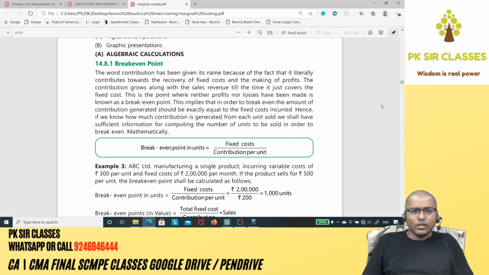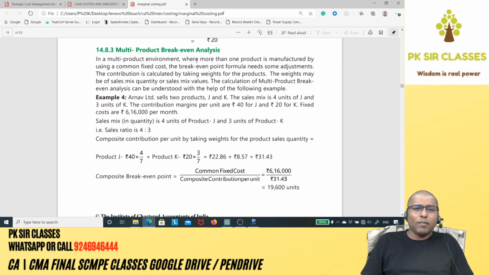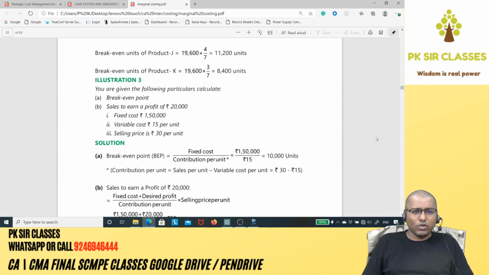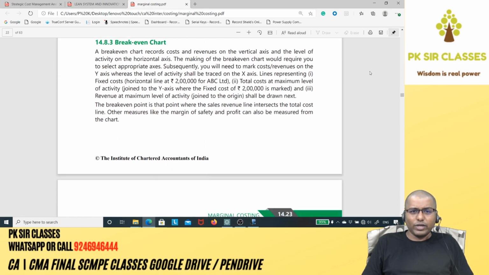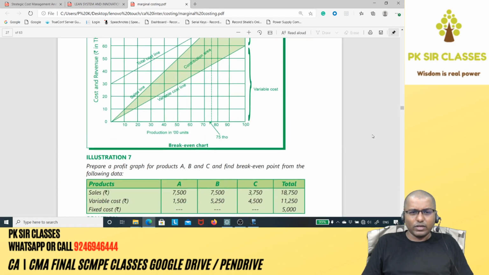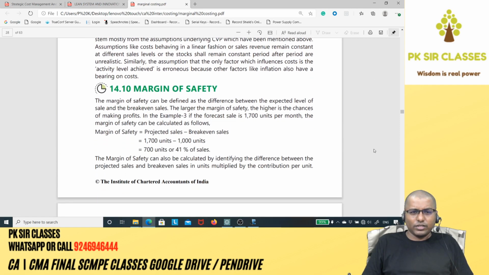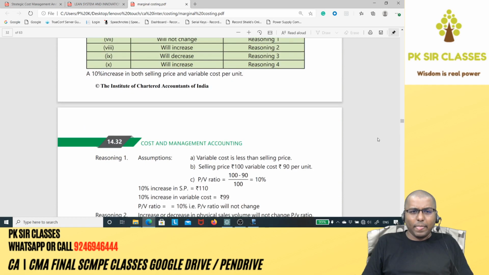Okay, so these are all the things. Yeah, multi-product break-even analysis, we'll solve that sum also. So whatever concepts we have got, we'll try to do. Graphical presentation of break-even chart, we have already seen it. Nothing much over there. Margin of safety we have seen.